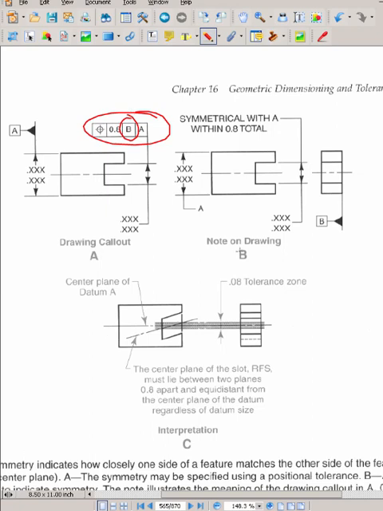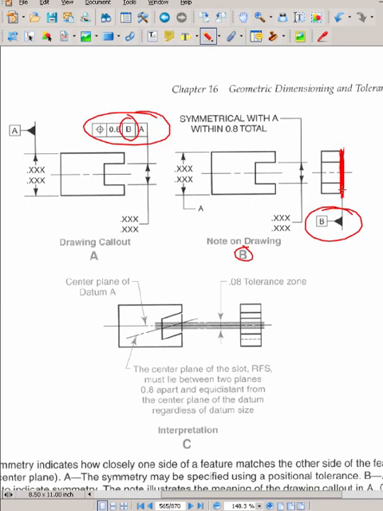Now, figure B shows us what this exact same callout would mean if we were to write it out. We do see that datum B is represented on the side view as the base for this feature, symmetric. Okay? So this back surface of this object is the referencing datum. Keep that in mind.